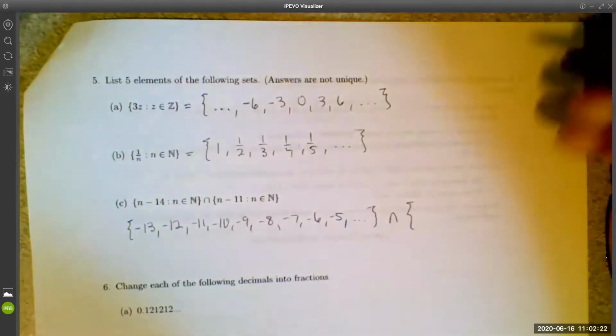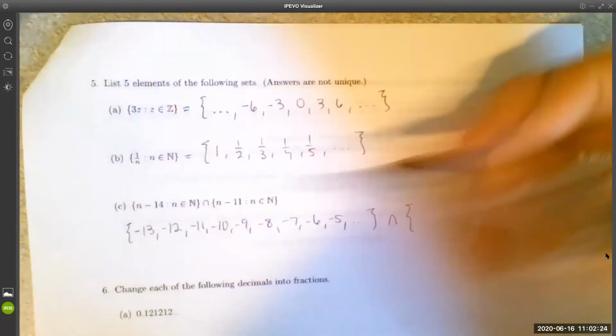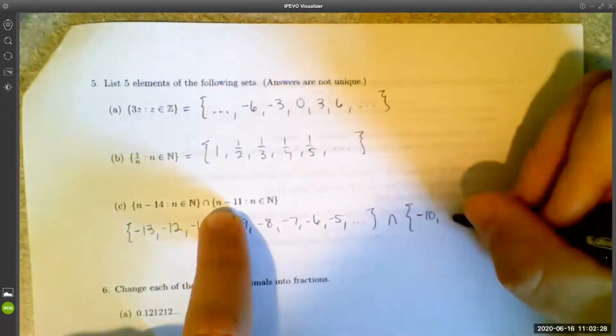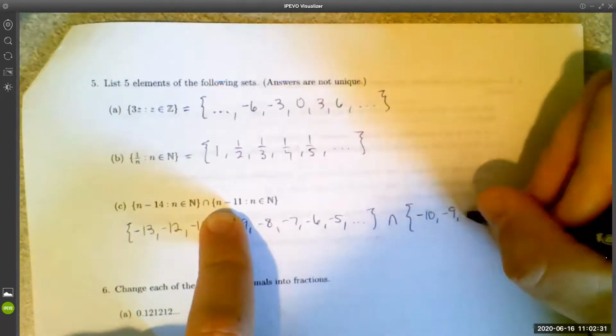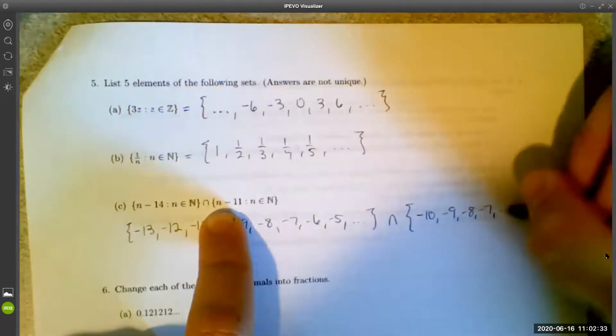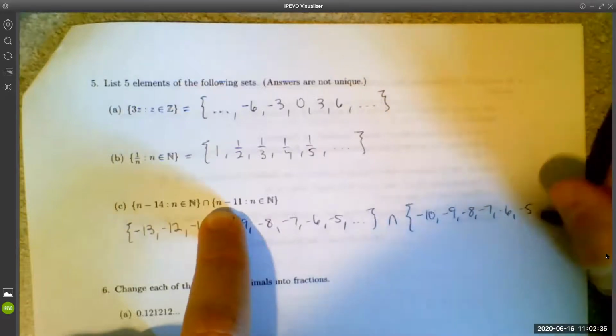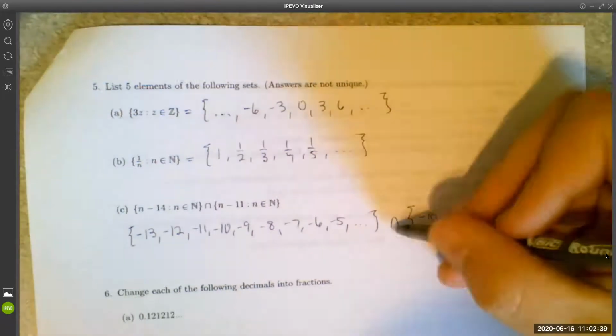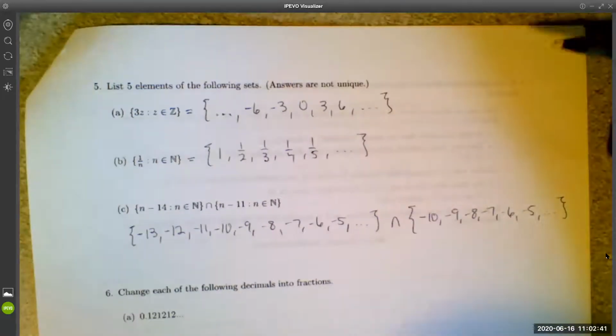And then the second set is n minus 11. Again, I'm going to start at 1. If I plug in 1, 1 minus 11 is -10. 2 minus 11 is -9. -8, -7, -6, -5, and so forth. So if I'm talking about the intersection of these two sets, it would be the numbers that they have in common.